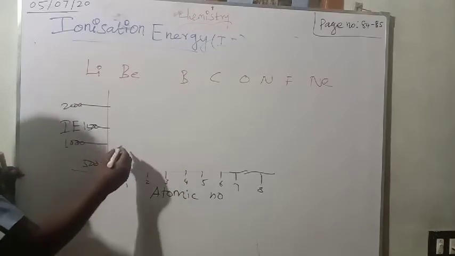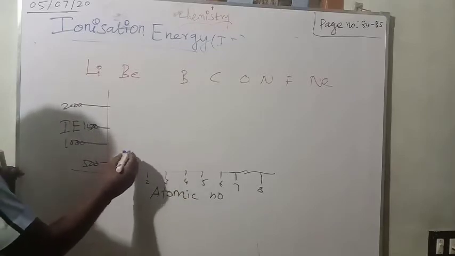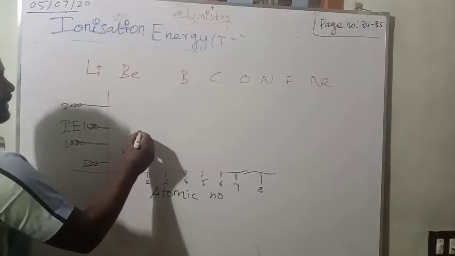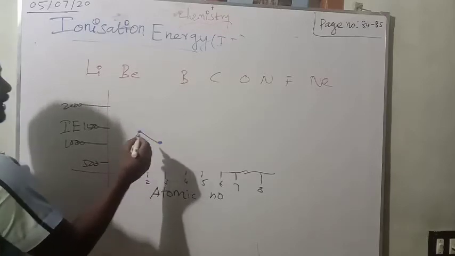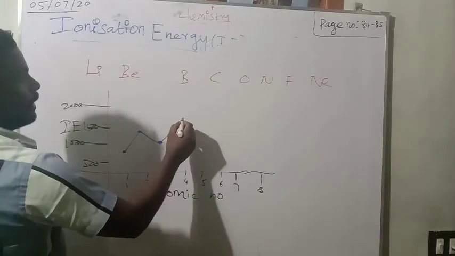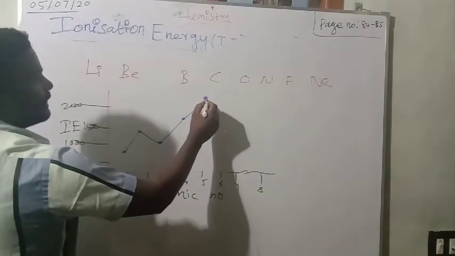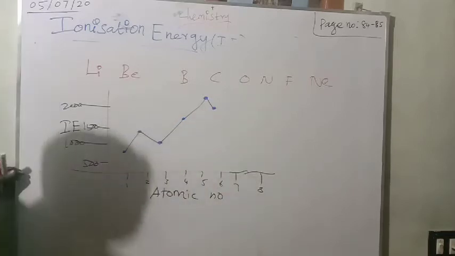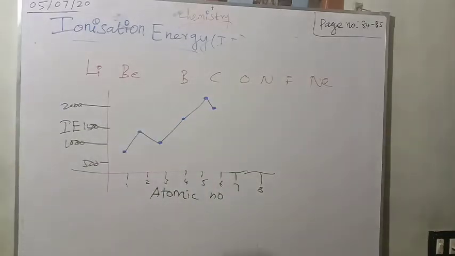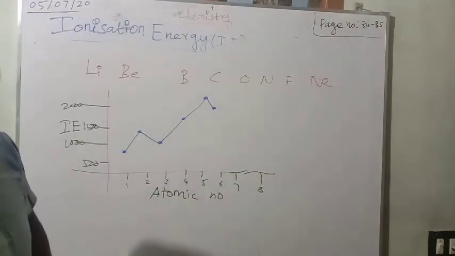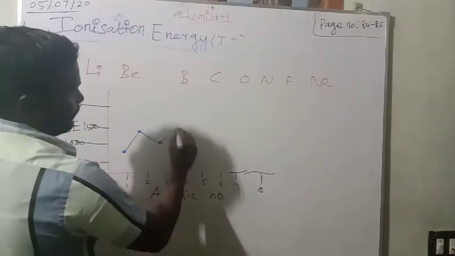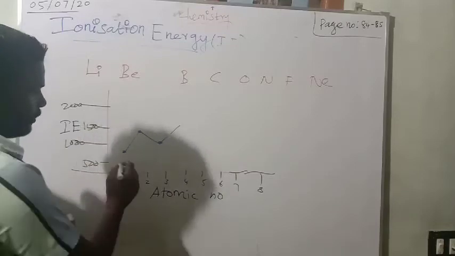Likewise, if you draw the graph, what will happen? As per the book, they have given lithium, then beryllium will increase, then boron somewhat will decrease, again carbon, again oxygen, nitrogen. One minute, my students. Nitrogen becomes higher.